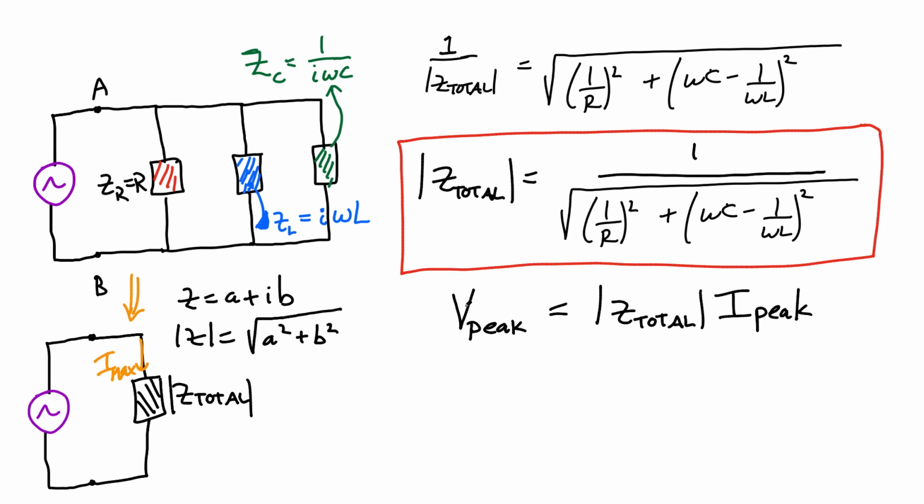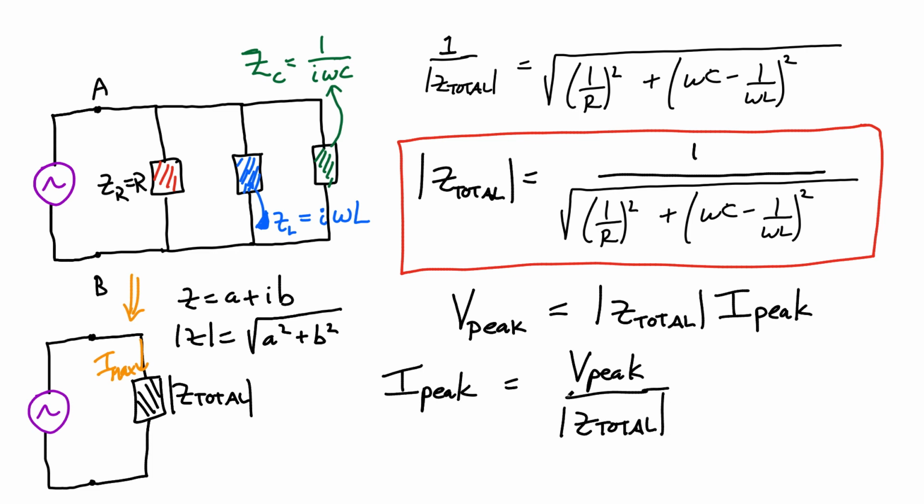The peak voltage I can find in this problem because I've given you the RMS voltage, and that's kind of easy to do. At the end, what we're looking for is the peak current or the RMS current. So all you would have to do then is simply say that the peak current is equal to the peak voltage divided by the magnitude of this total impedance.